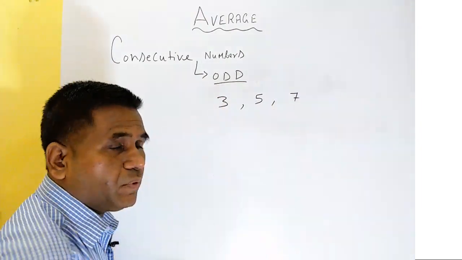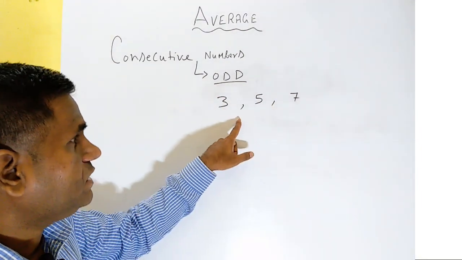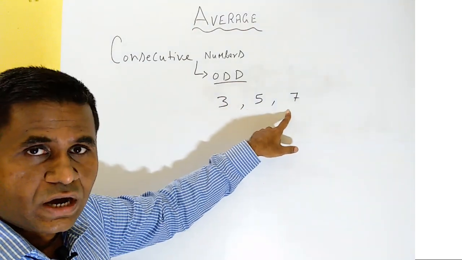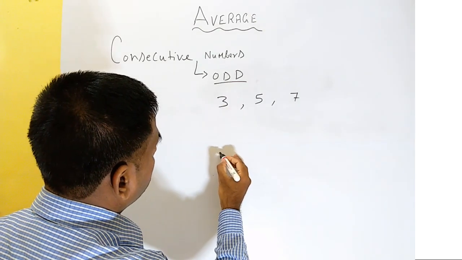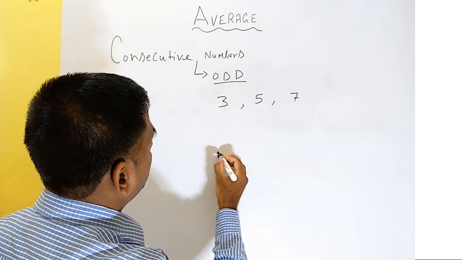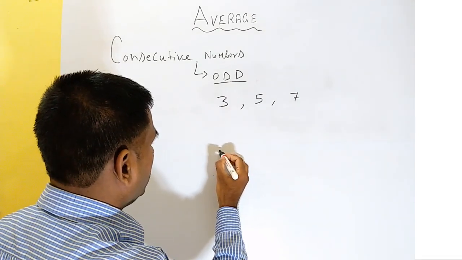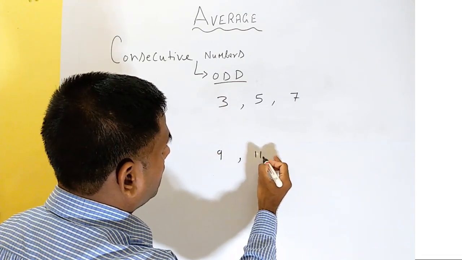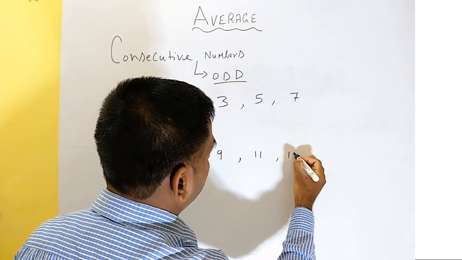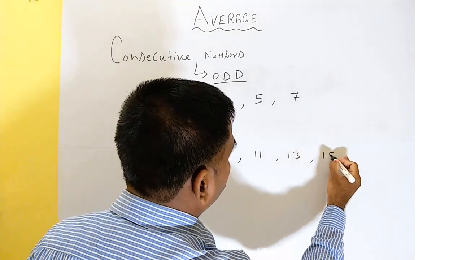In one example we will have an odd count, in another example we will have an even count. So if you take another example, let's say 9 is an odd number, then 11, then 13 and 15.